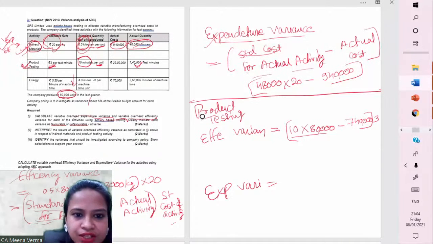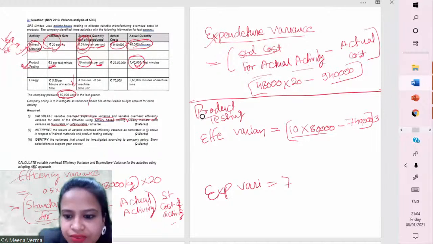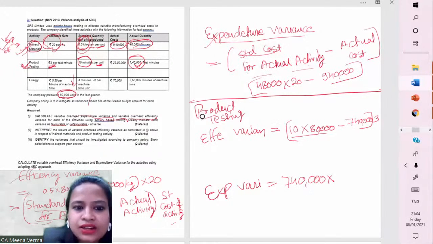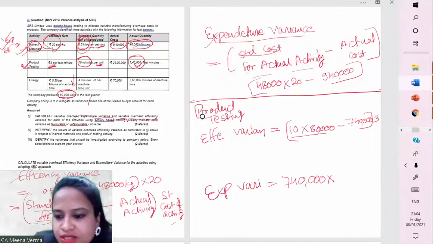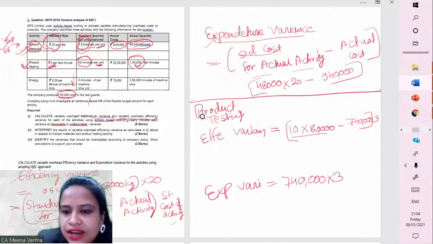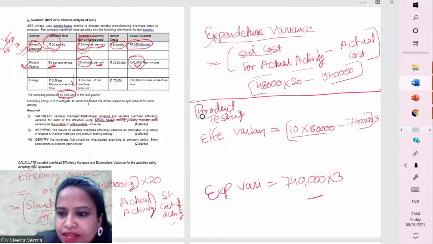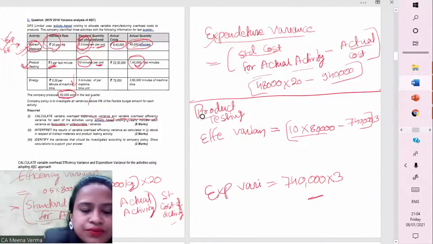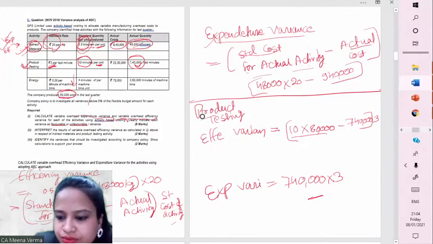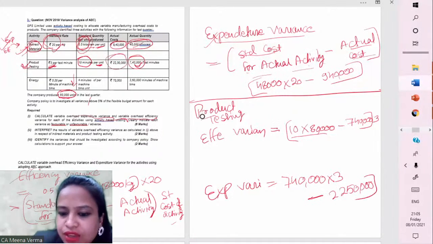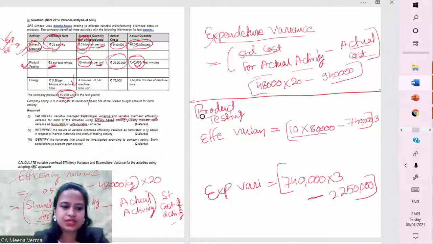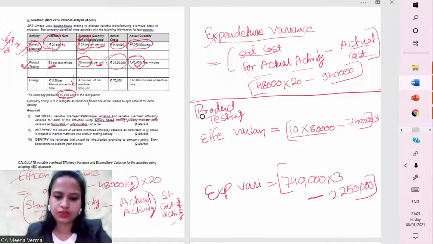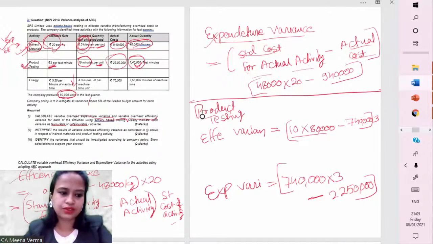What is the actual activity? 740. Standard cost, what is the standard cost? Rupees 3. This is the standard cost for actual activity, minus the actual cost. This way you can calculate the expenditure variance, just as you have calculated the efficiency variance.